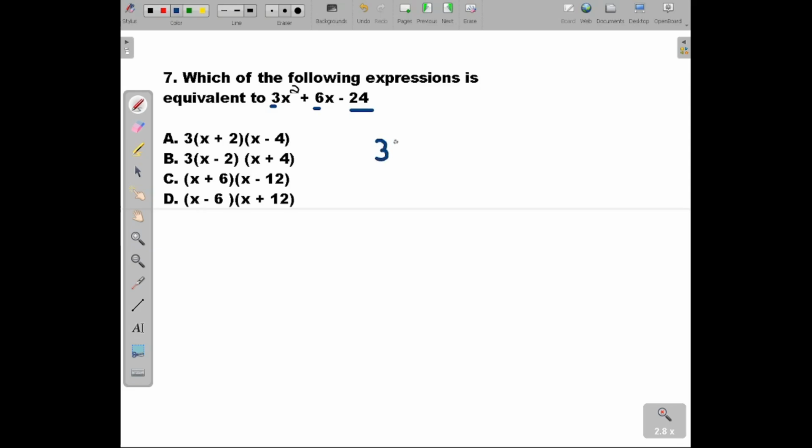So 3. Now we divide: 3x squared divided by 3 is equal to x squared, plus 6x divided by 3 is equal to 2 times x, minus 24 divided by 3 is 8.